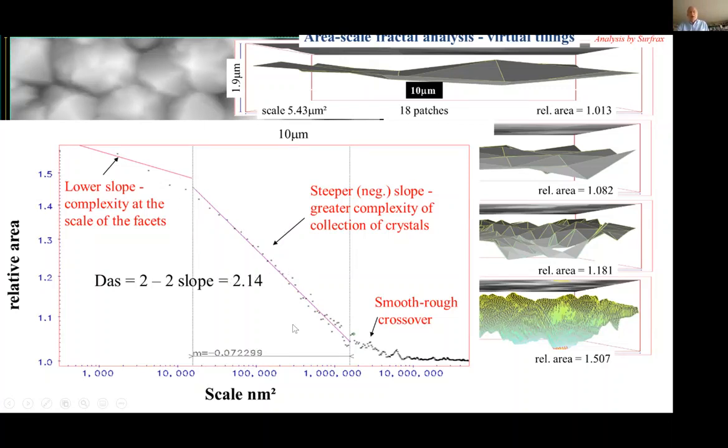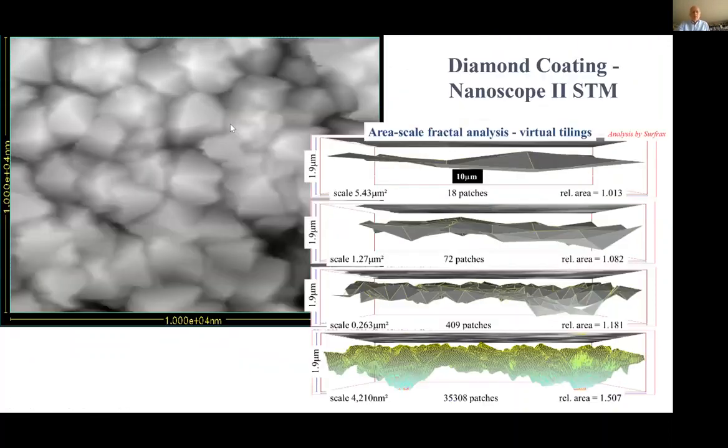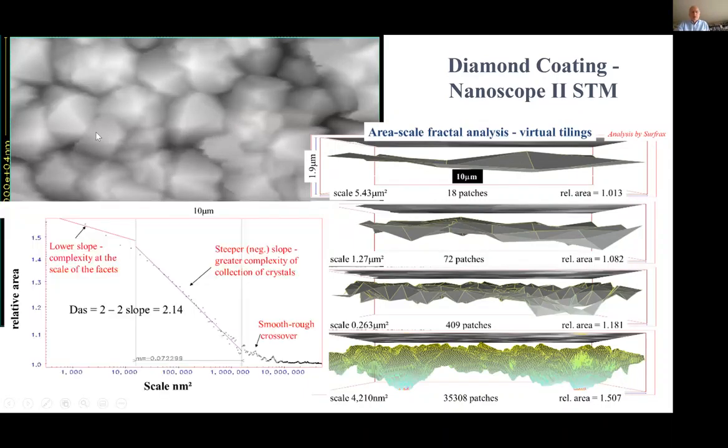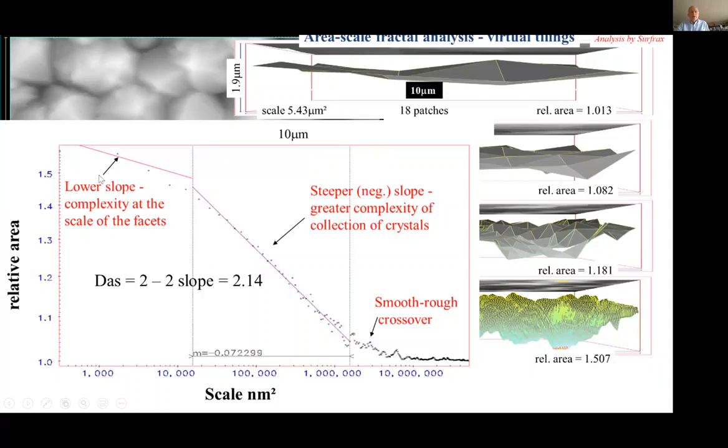This is going up and showing us that it has sort of repeating patterns of little pyramids over big pyramids, and we can kind of see that. Here's the scale of the little pyramids, or little crystals on big crystals. Then at the finest scales, we have a lower slope.